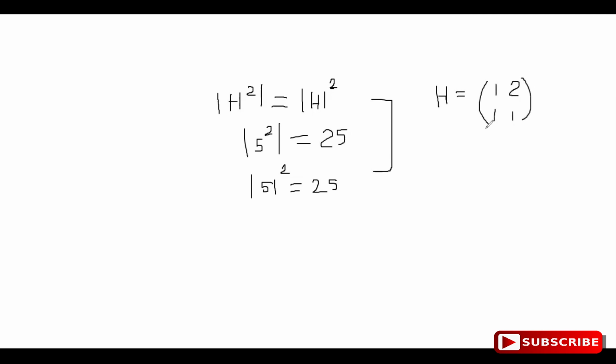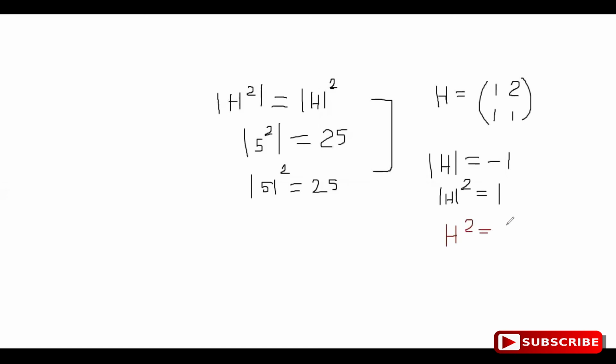Then find the determinant of H. The determinant of H in this case is 1 minus 2, which is minus 1. And so the determinant of H squared, the determinant of H then squared, is minus 1 squared, which is 1.